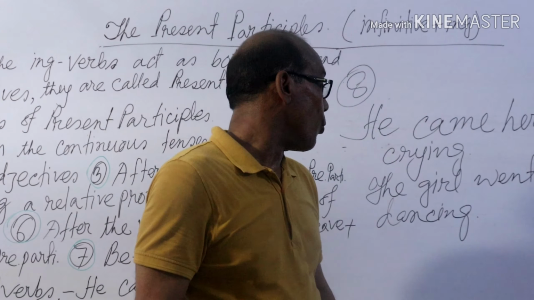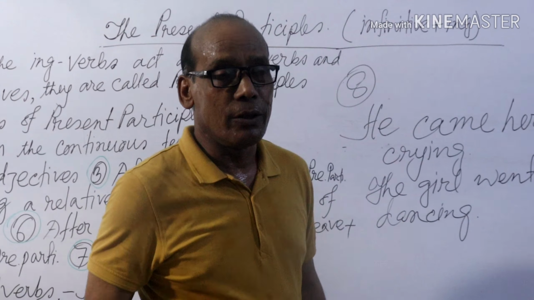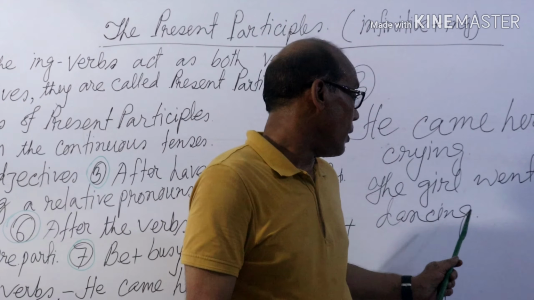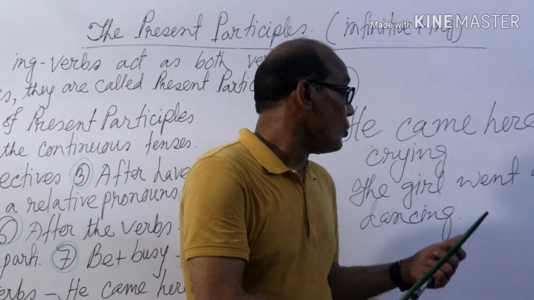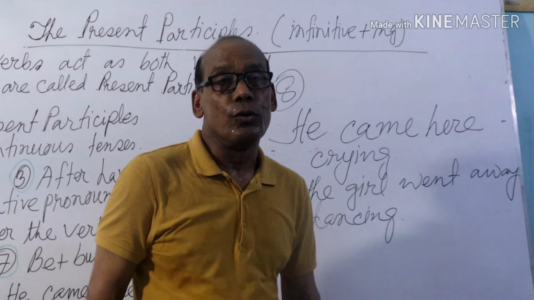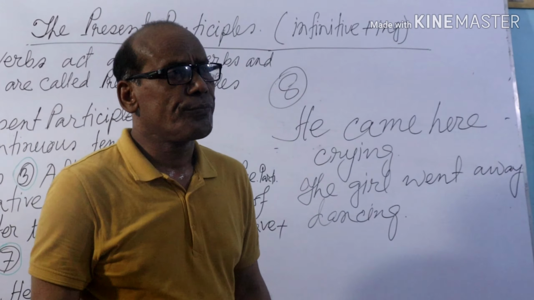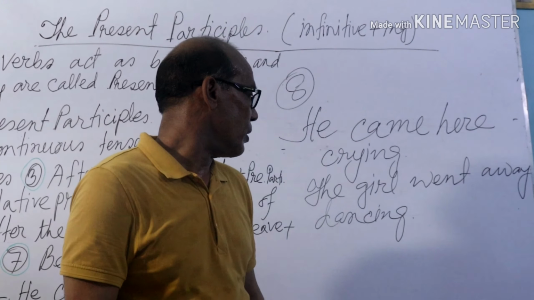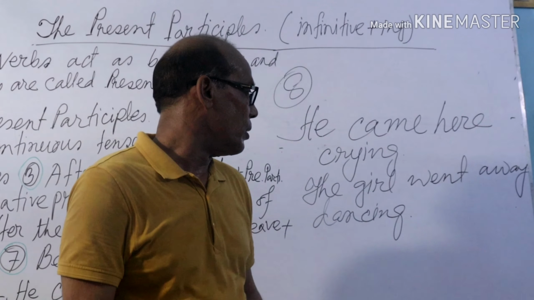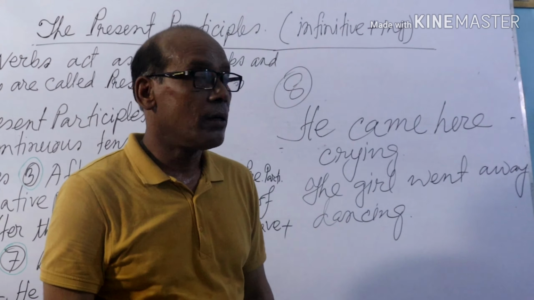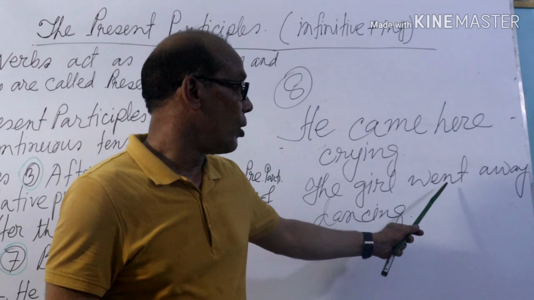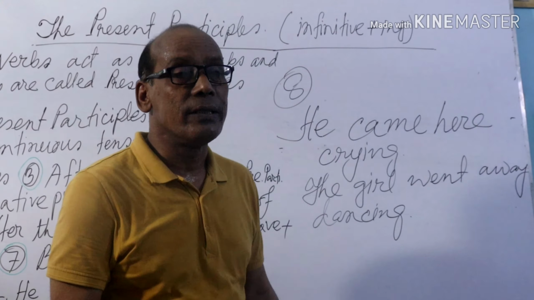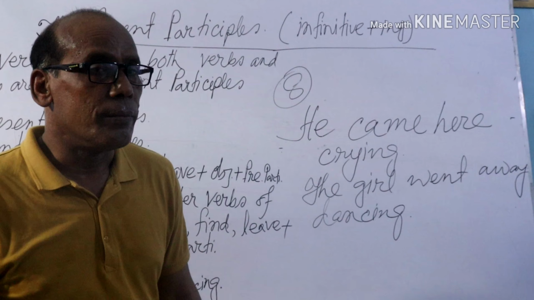That means the girl went away dancing. In which condition did the girl go away? Dancing. That means her going was described by dancing. That means dancing is indicating here the situation of the walk or of going. So here dancing is an adverb.